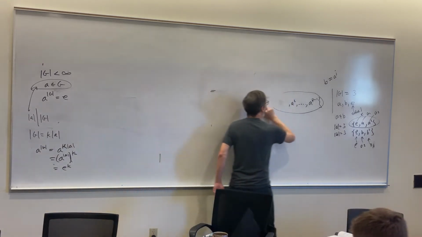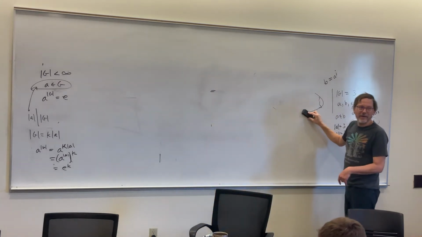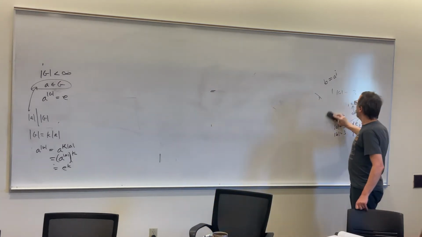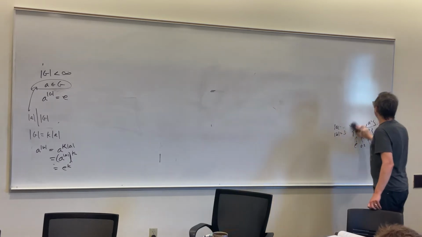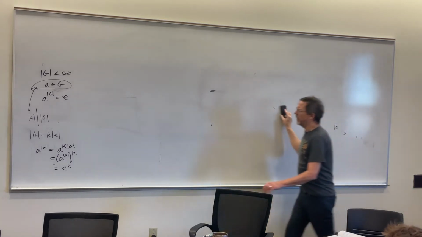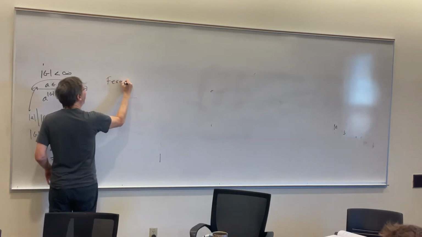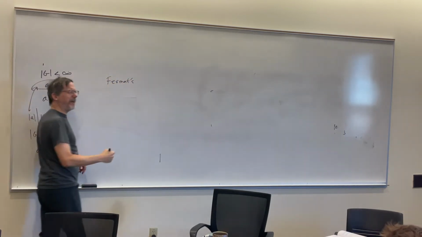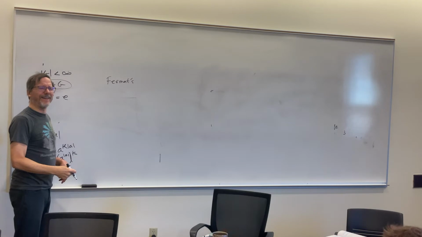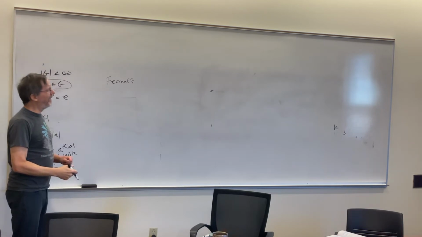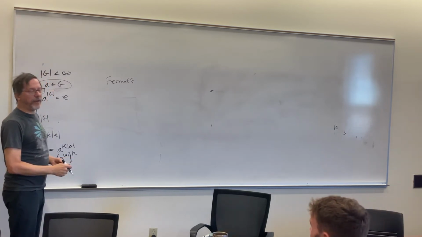You've heard the name Fermat before? Yeah? No, have not? We have to talk about Fermat for just a second. So Fermat's, probably. The way I'm saying it, it sure sounds like it. Yeah, the way you're saying it insinuates French. But you never know. I don't think Lagrange was French.